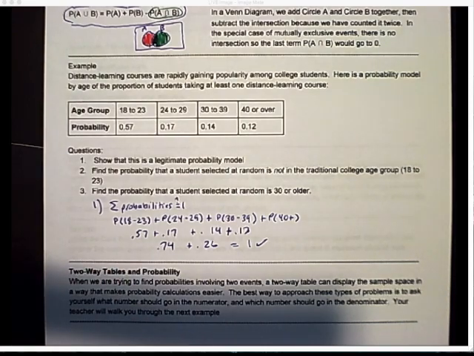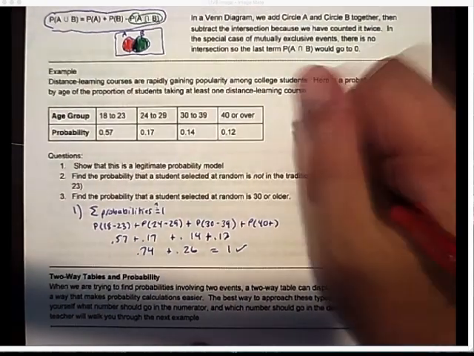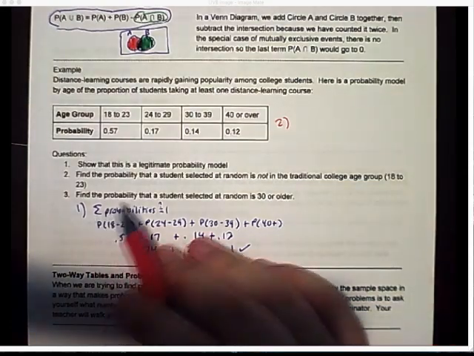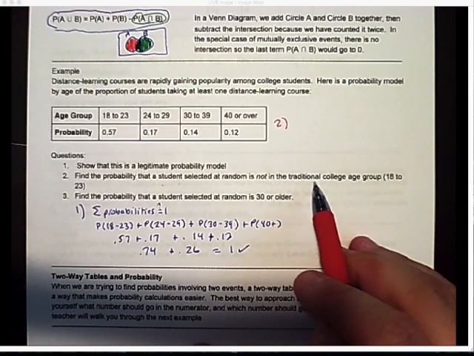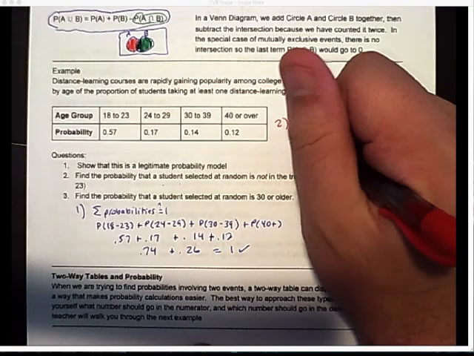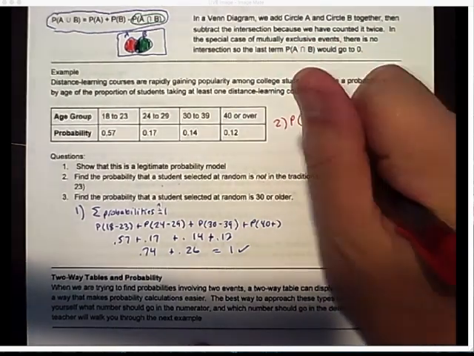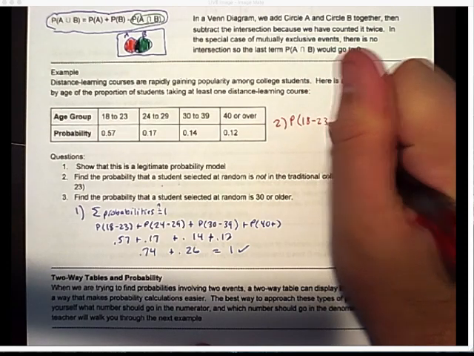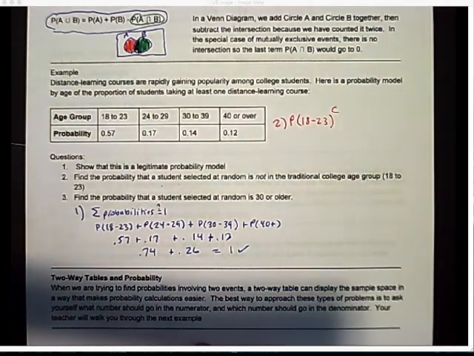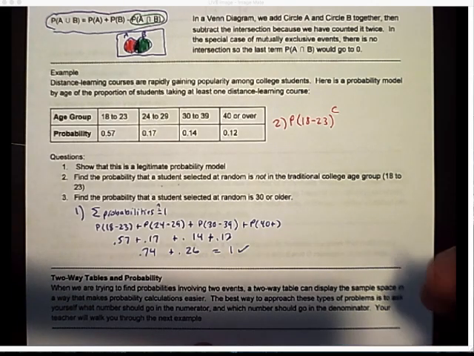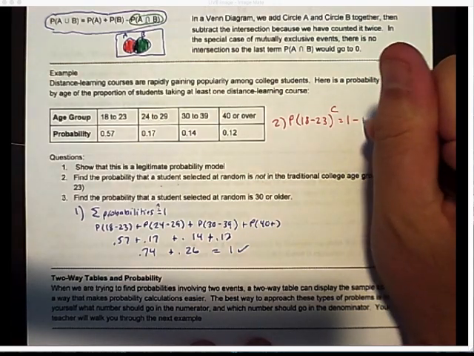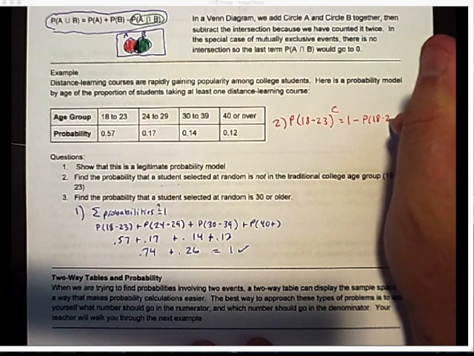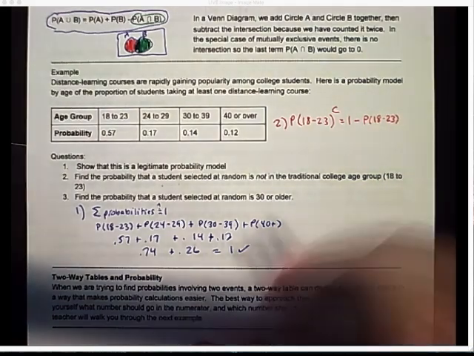All right, number 2. It says find the probability that a student selected at random is not in the traditional college age group. So we want to find the probability of the 18 to 23-year-old complement. Complement means not. The easiest way to do that is just do 1 minus the probability of someone being in the 18 to 23-year-old group.